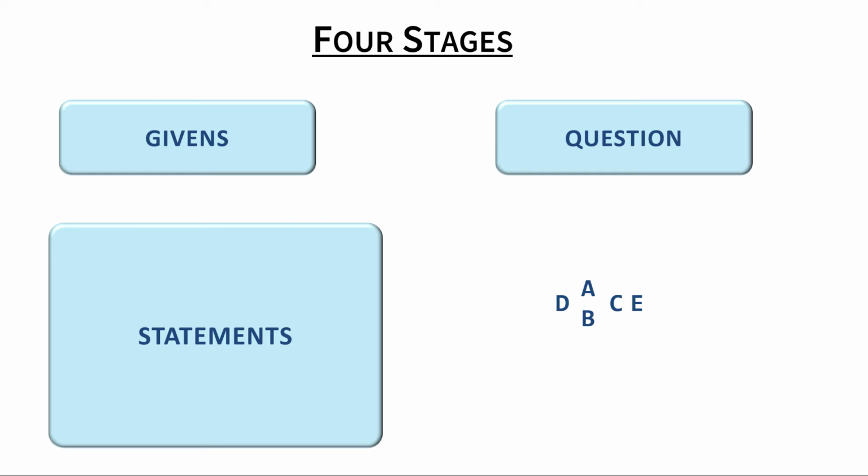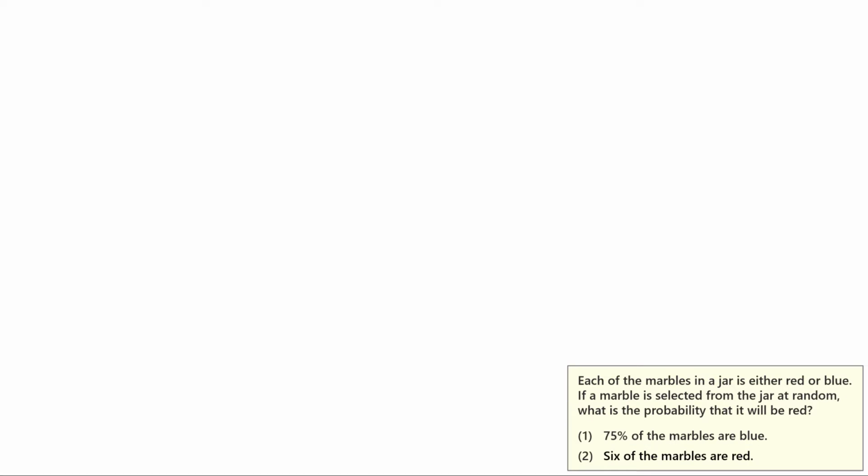The idea is to find the answer using a process of elimination. As you work through the statements, you'll cross out wrong answers on the DABC grid until all that's left is the correct answer. Let's give it a whirl with this problem.